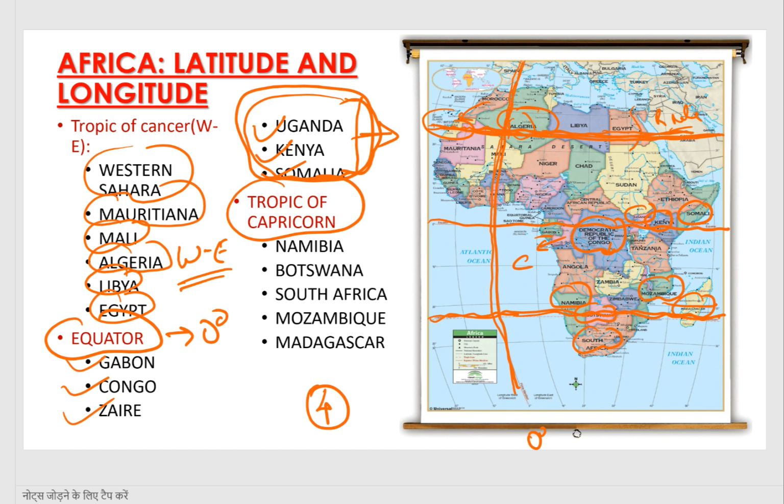And besides that, the countries of Namibia, Botswana, South Africa and Mozambique in the southern belt of Africa are cut by Tropic of Capricorn. So this is also a very, very expected question in UPSC. Which countries and which islands are cut across by Tropic of Capricorn? So that was all about the famous latitudes and longitudes.